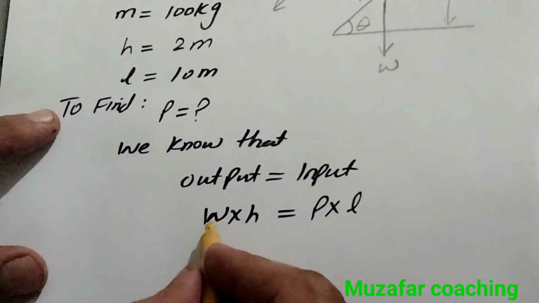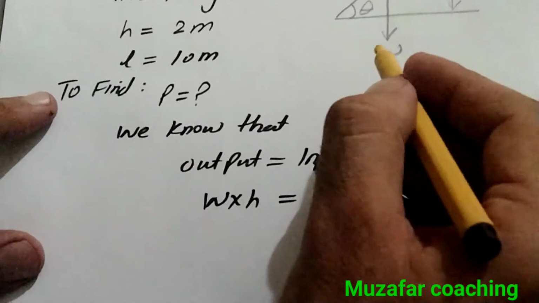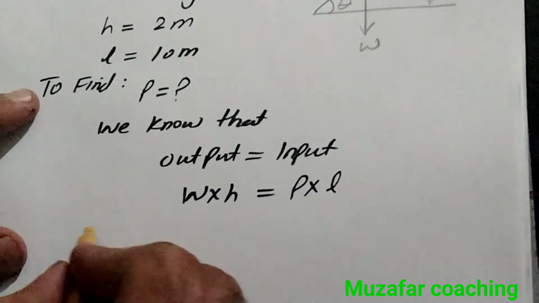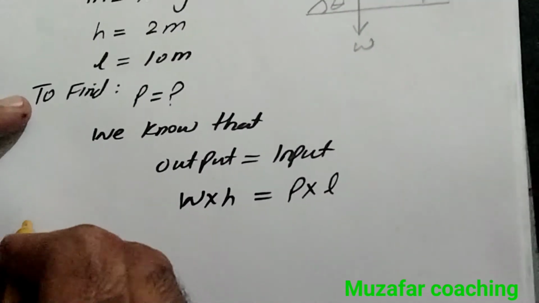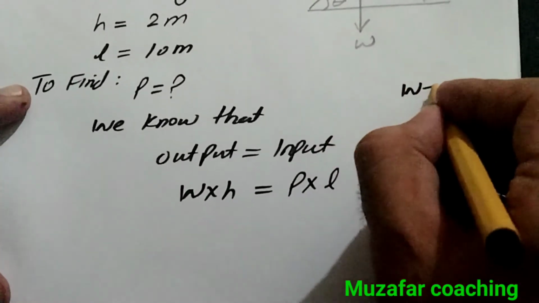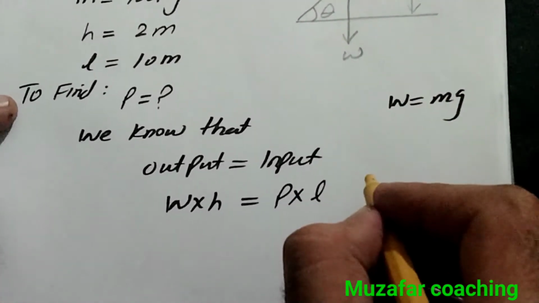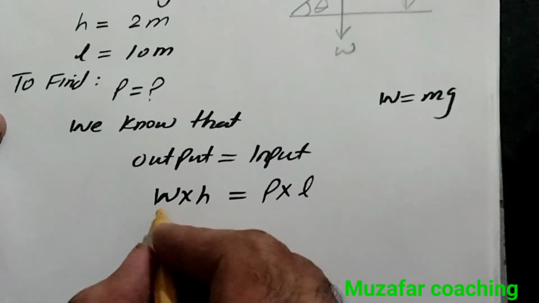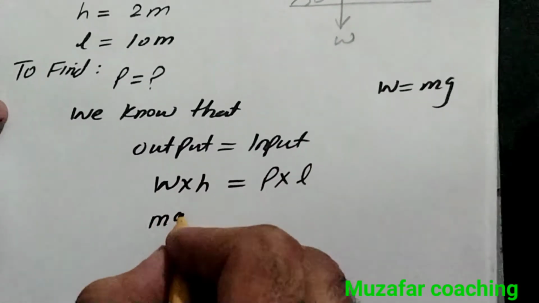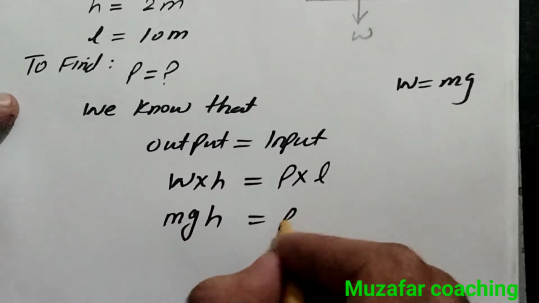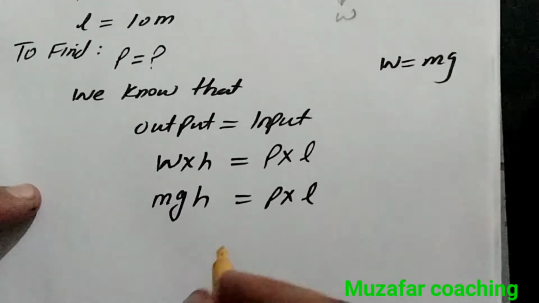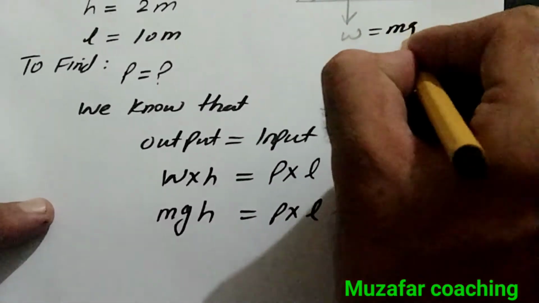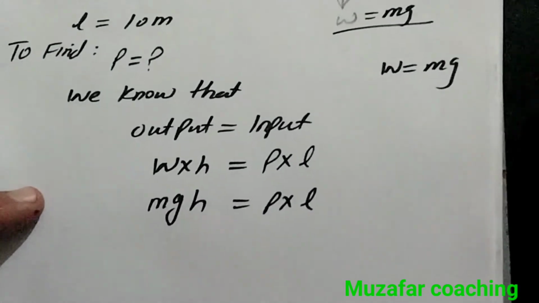What is W over here? Some of you might ask. W is equal to mg, weight is equal to mg.